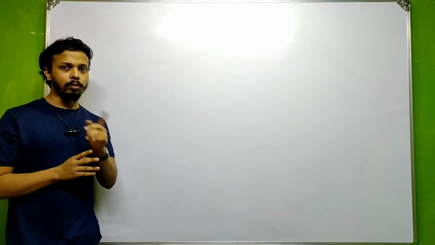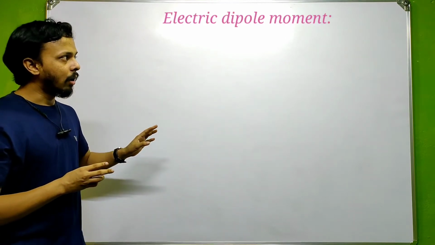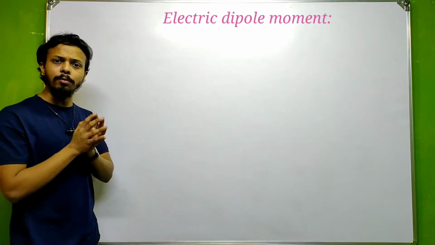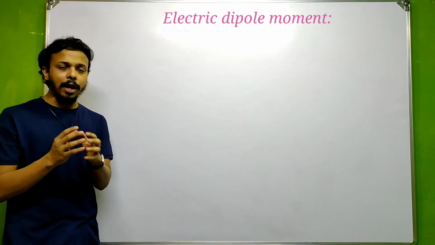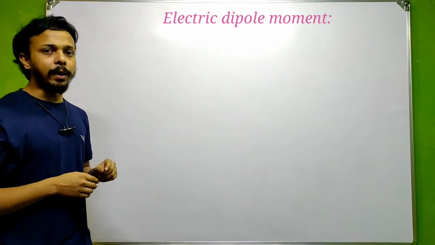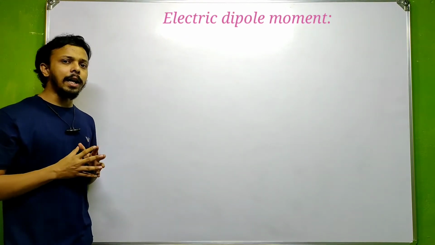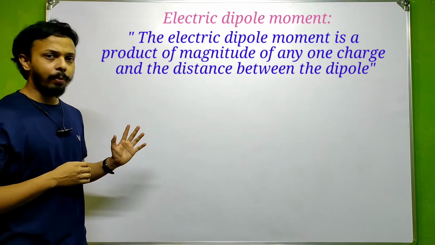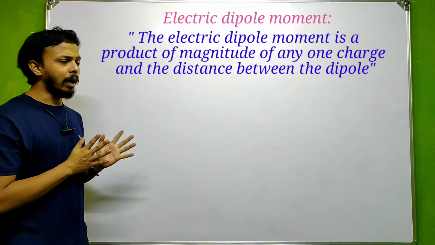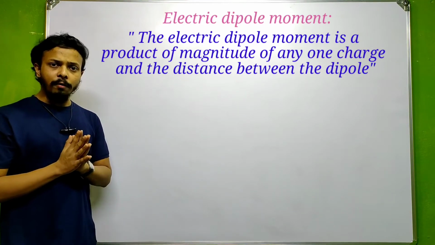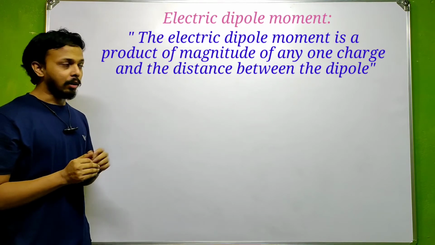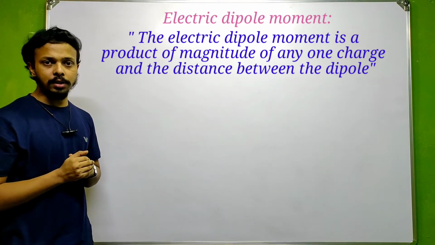Now I am saying what is the electric dipole moment. Let us try to understand it in a simple way. We can define the electric dipole moment as follows: it is the product of the magnitude of one of the charges and the distance between the two charges.